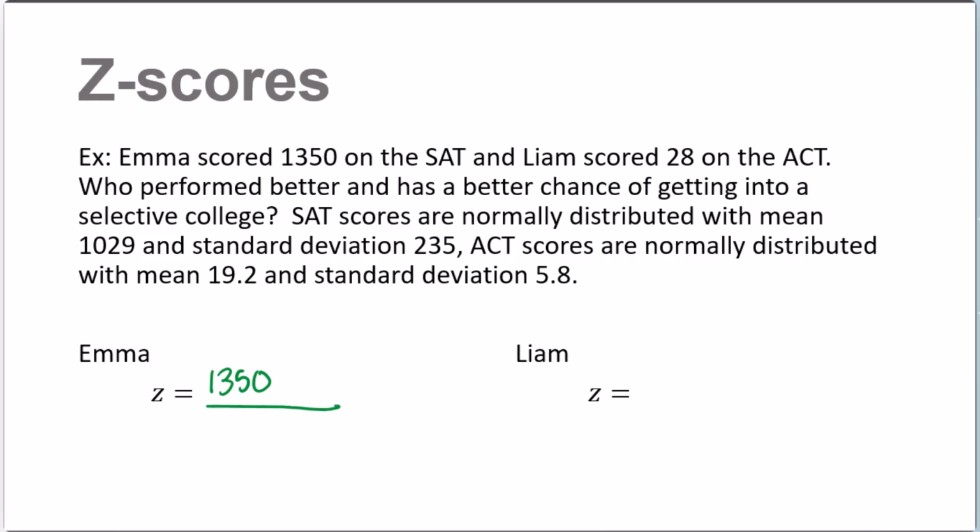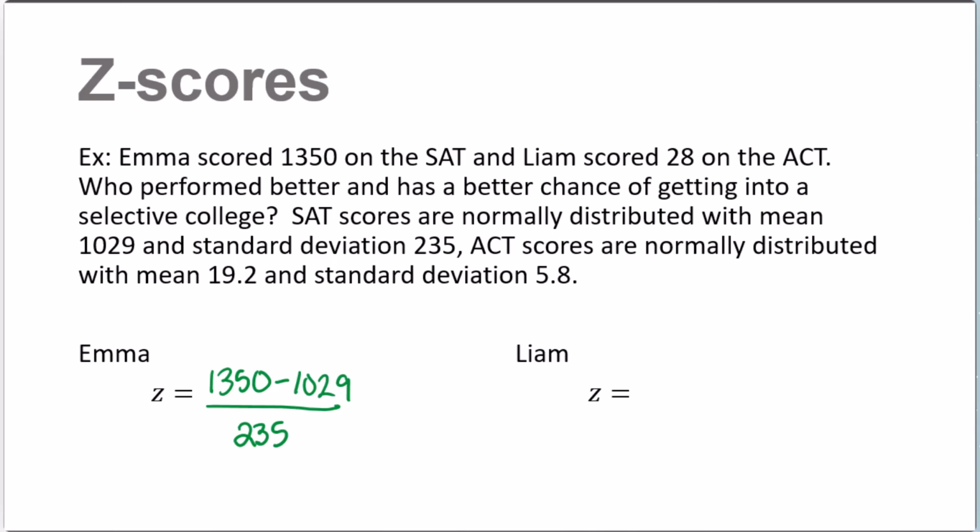And then I want to subtract from that the mean SAT score and then divide by the standard deviation. This example lists that SAT scores are normally distributed with mean 1029 and standard deviation 235. So I'd have 1350 minus 1029, and we're dividing by 235 for this z-score.